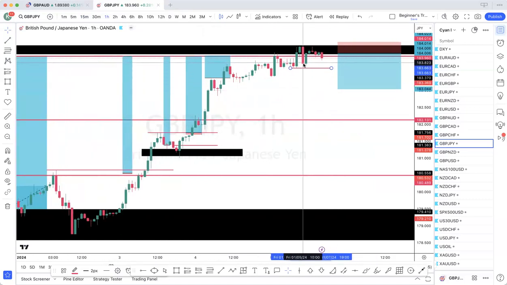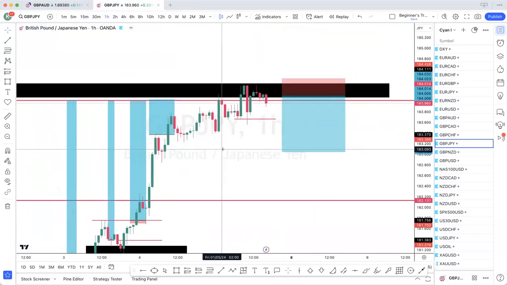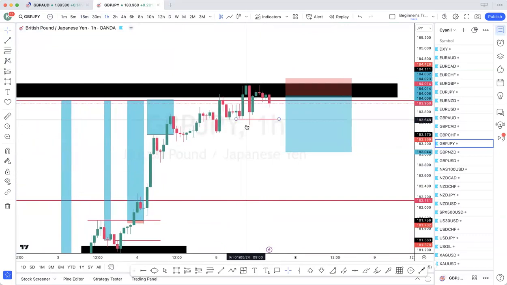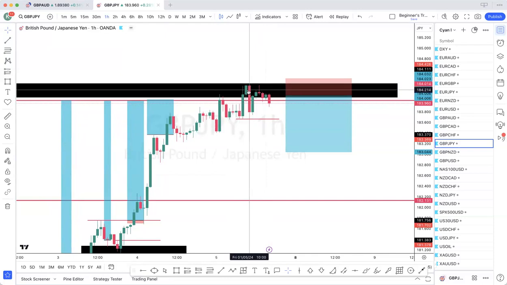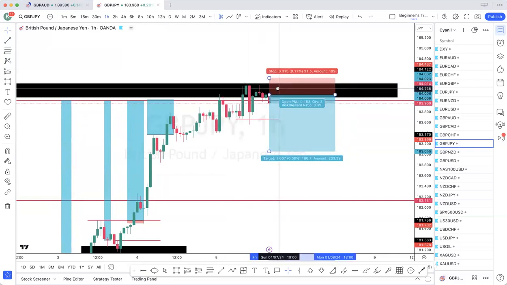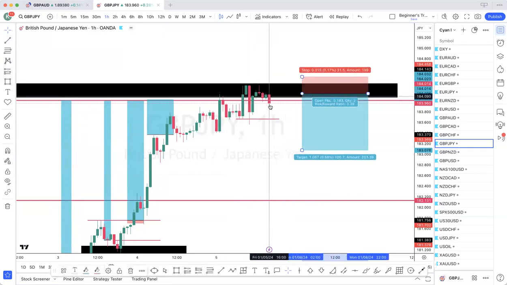To me, the confirmation was that pullback. Could this have been the break right here? Yeah, pivot. No, right. I did mention earlier that I did get in here, right? But this right here gave me confirmation that I'm in the right trade.